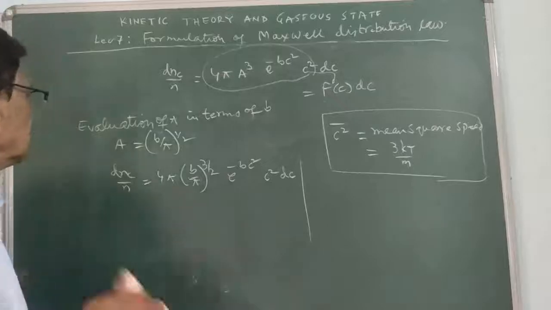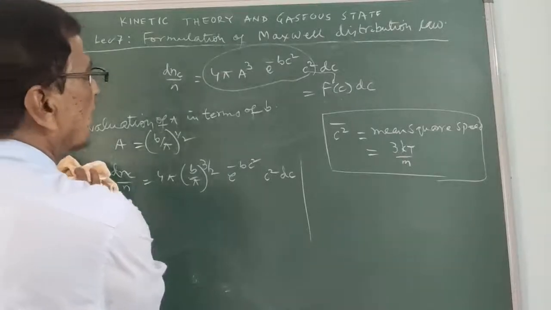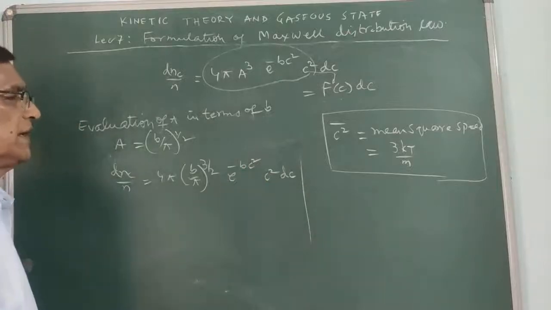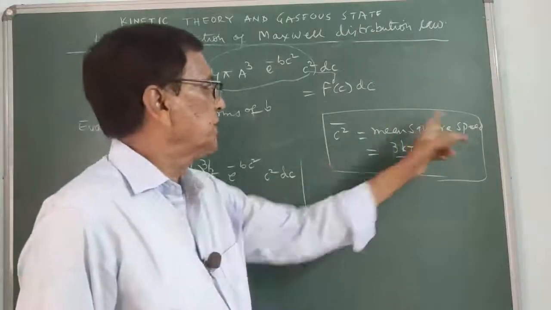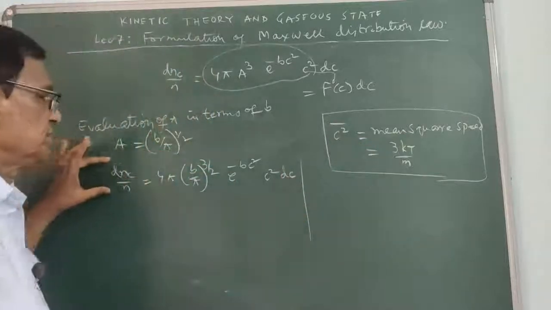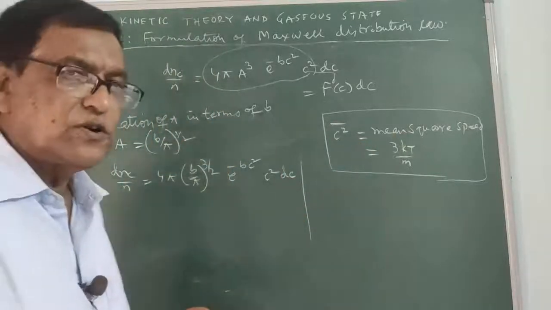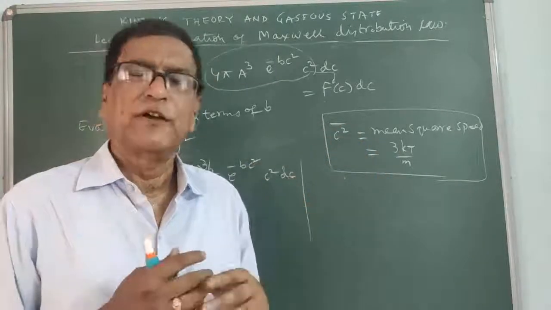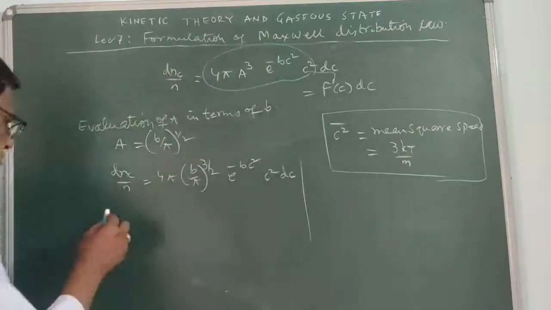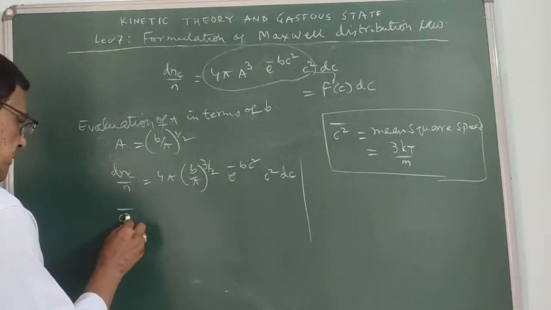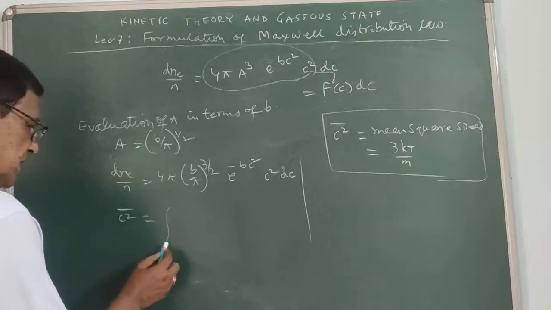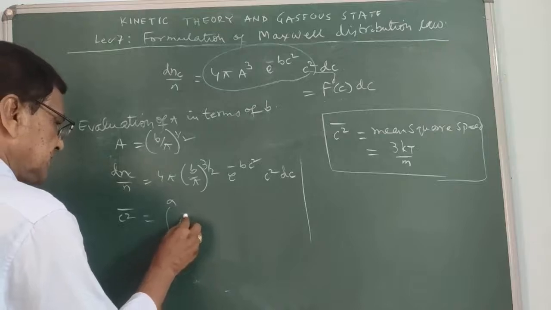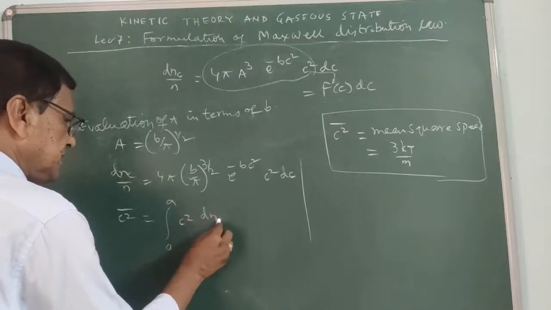Now we shall also get the mean square speed value from this distribution law. The distribution law has been popularly used to find the average or mean value of a property. So actually c square bar equals integration 0 to infinity of c square dn_c by n.